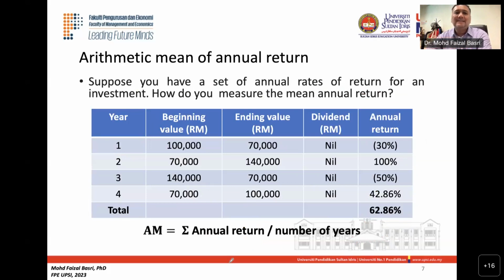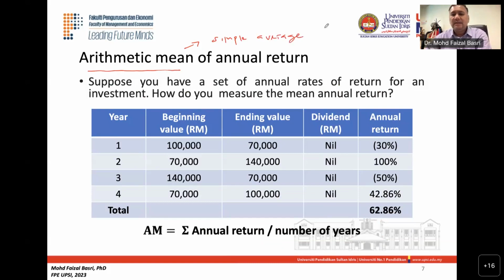And let's say if you have multiple returns for several years, how do you measure the average of your returns? So here we have two different measurements of average or mean. The first one is called the arithmetic mean, usually or simply known as the simple average.